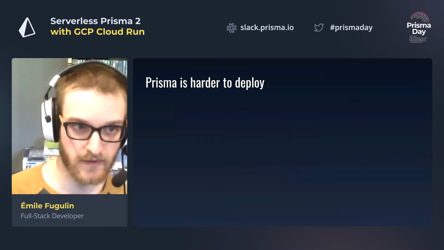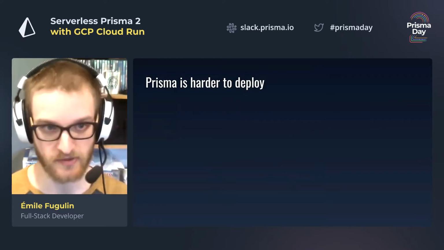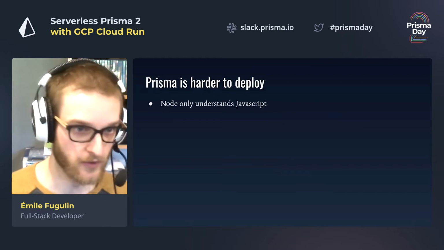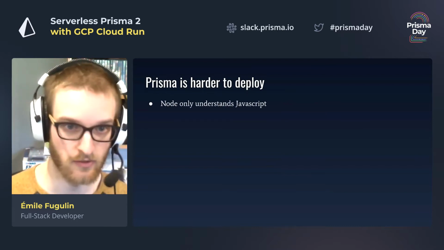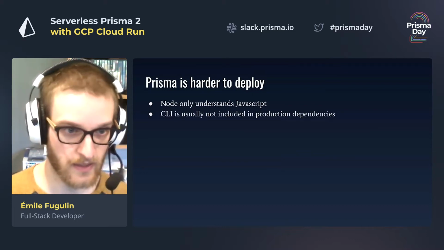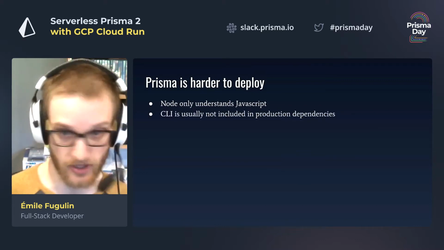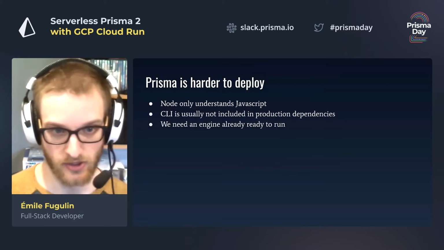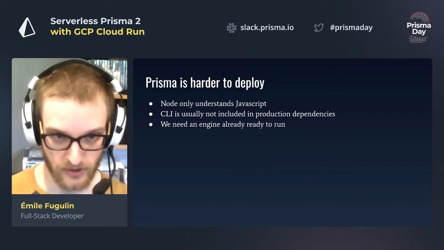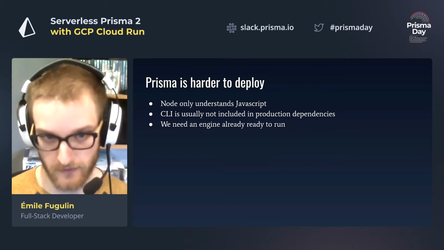But I also found that Prisma is somewhat hard to deploy. By default, Node only understands JavaScript, so if you're using TypeScript, that's already a problem. The CLI is usually not included in the production dependencies, only in dev dependencies. We do need an engine already there to run in production, not something that is downloaded after.